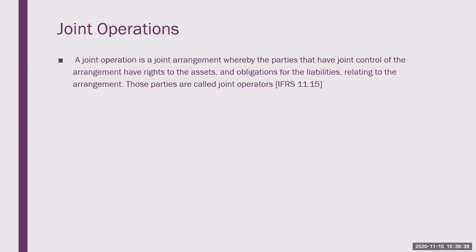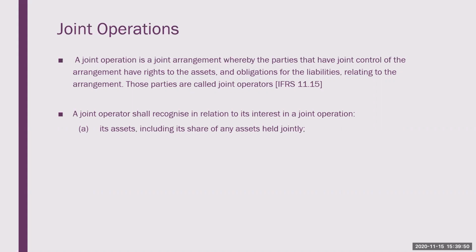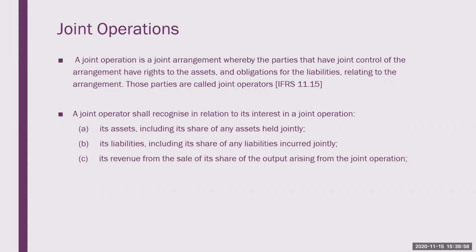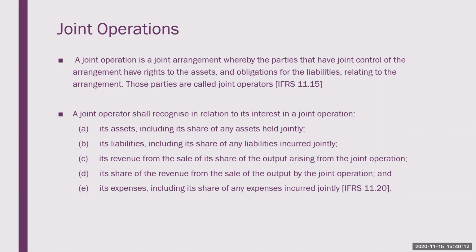Now, how is the accounting done for a joint operation? A joint operator shall recognize, in relation to its interest in a joint operation, its assets, including its share of any assets held jointly, its liabilities, including its share of any liabilities incurred jointly, its revenue from the sale of its share of the output arising from the joint operation, its share of the revenue from the sale of the output by the joint operation, and its expenses, including its share of any expenses incurred jointly.